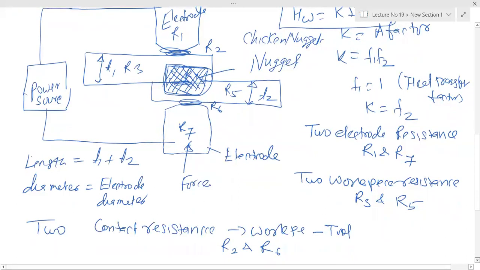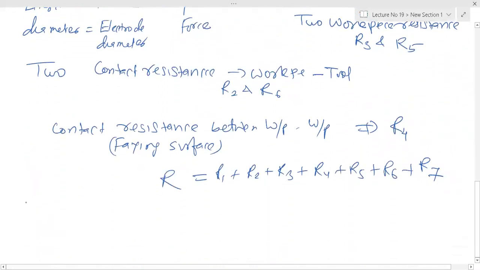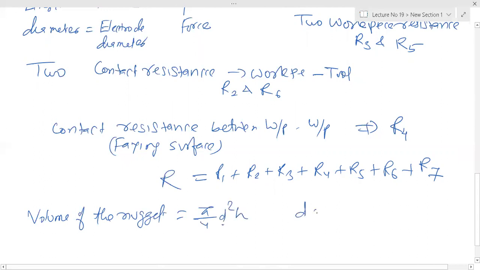So what is the volume of the nugget? Volume of the nugget is equal to pi by 4 d square h, where d is your electrode diameter, if it is not mentioned, and h is T1 plus T2.